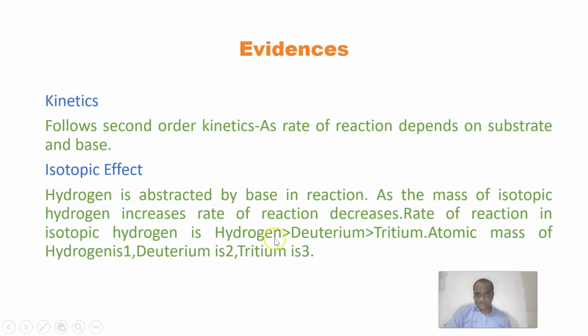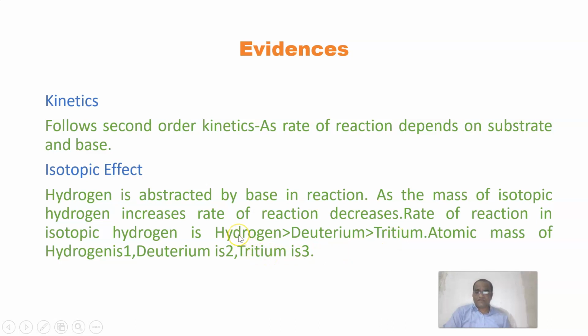So here you can see there are three types of hydrogen. The first one is simply hydrogen. After that it is deuterium, and the third one is tritium. The difference between these three is that hydrogen has mass number 1, deuterium has mass number 2, and tritium has mass number 3.